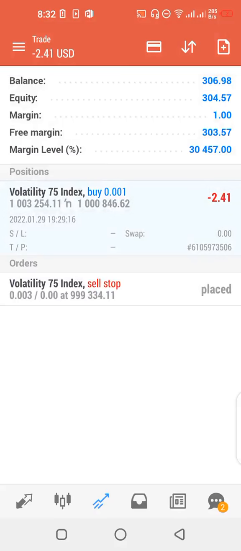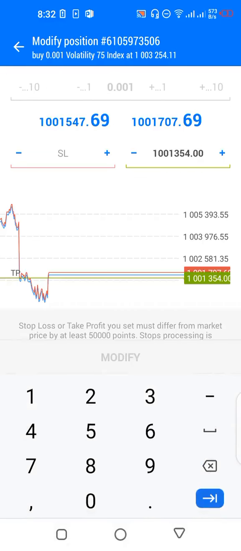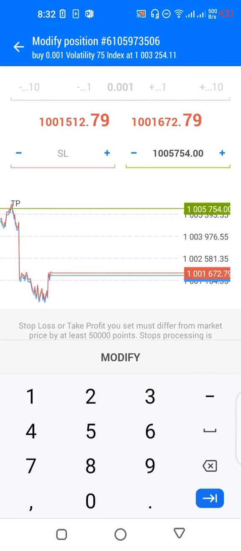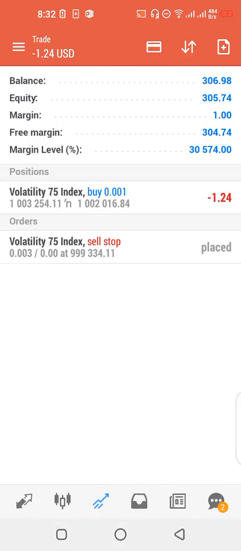I'm going to set the take profit for the buy trade at 2,500 points. That will be 1005754.11. And this the stop loss. Okay, sorry, let's look at it. The buy entry is 1003254.11.